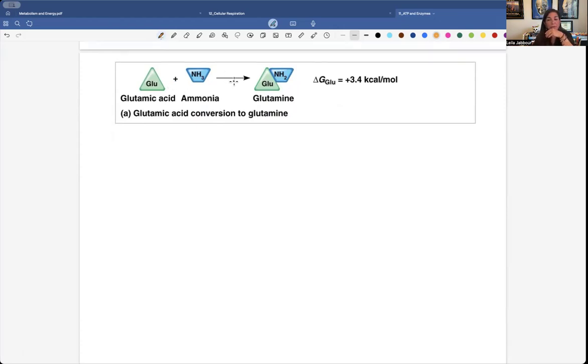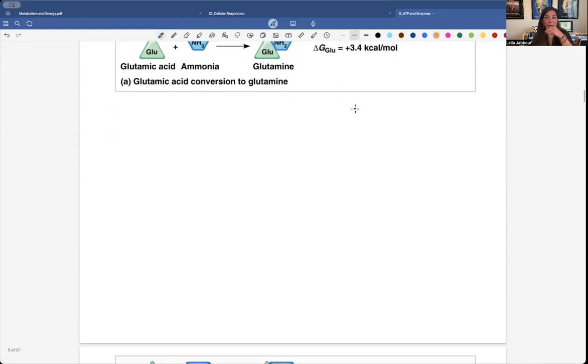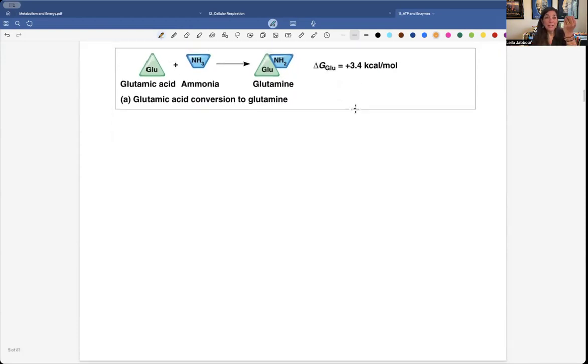And this amine functional group has a positive delta G, because this is actually described as an endergonic reaction.